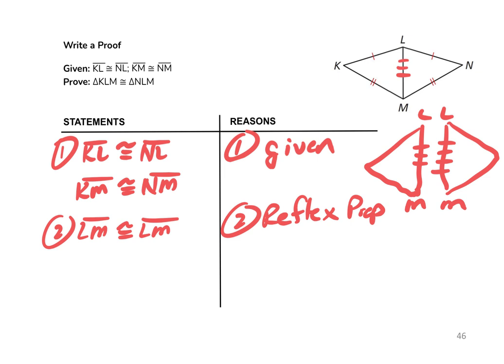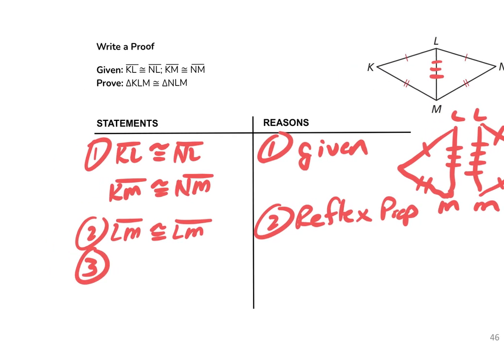I already know that these two sides are the same. I already know that these two are the same. So as I look at the pieces, do we have three pieces? Yeah, okay. What three pieces do we have here? All three sides, okay? So here's what we're going to do. For this statement right here, don't overthink it, right?